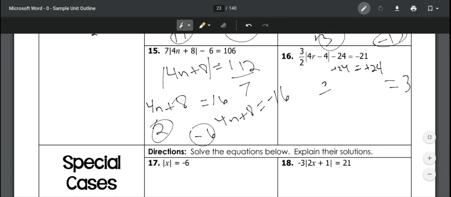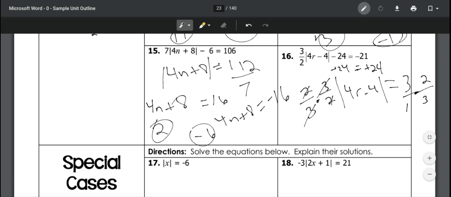So we have 3 halves times that absolute value. And so timesing by 3 halves, we could divide by 3 halves, or when it's a fraction, you know that if we flip it and multiply it, it cancels out. Because all of these things cancel out to 1. So we're going to times it by 2/3.